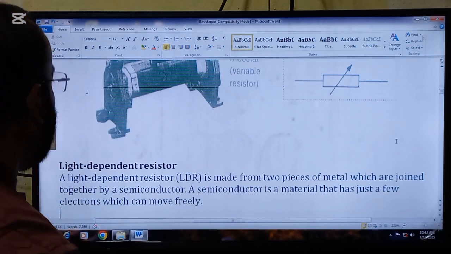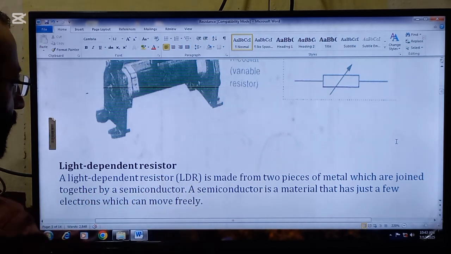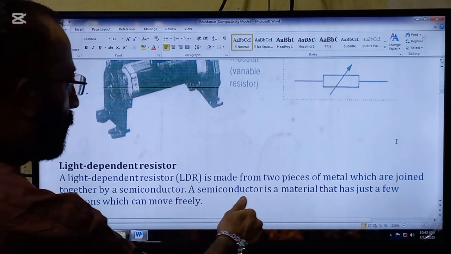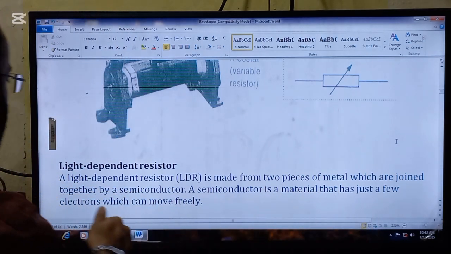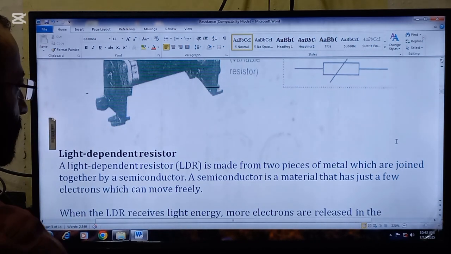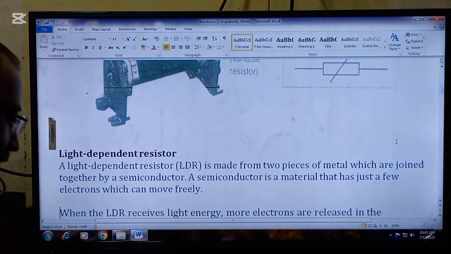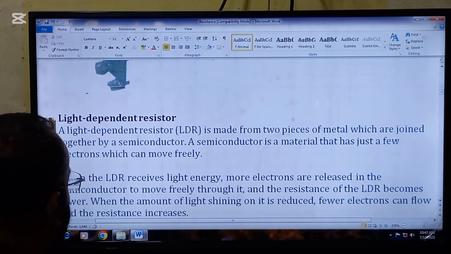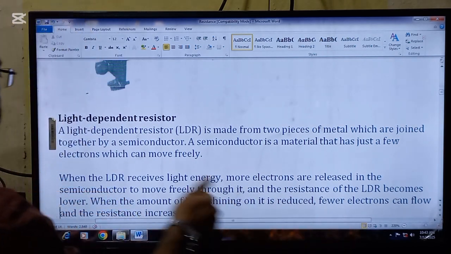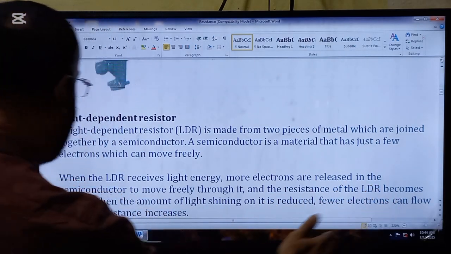Okay, the next thing that we are going to read is the light dependent resistor. In short, it is called LDR. A light dependent resistor, LDR, is made from two pieces of metal which are joined together by a semiconductor. A semiconductor is a material that has just a few electrons which can move freely. When the LDR receives light energy, more electrons are released in the semiconductor to move freely through it, and the resistance of the LDR becomes lower.